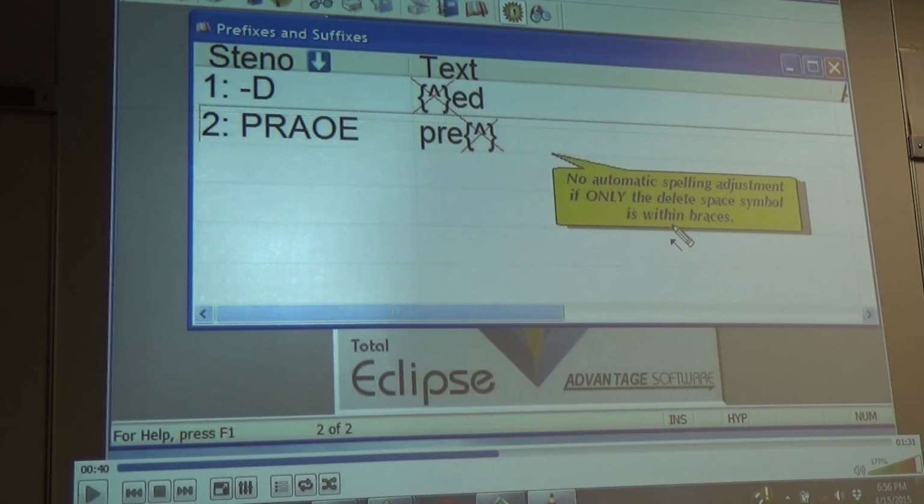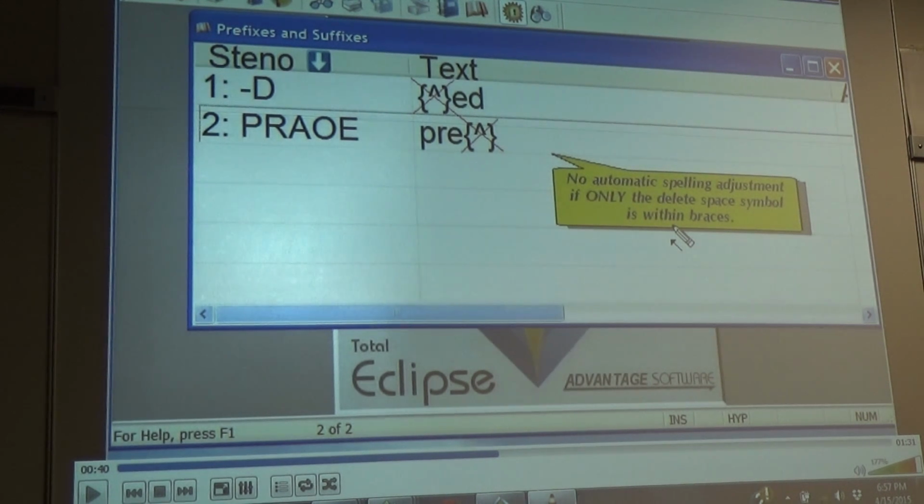Do you understand what it's saying there? So within the braces, it's gonna know to automatically adjust the spelling. And you want it to adjust the spelling, because if you have city and you write an S, and the symbol for the S is for the suffix, then it's gonna put CITYS.